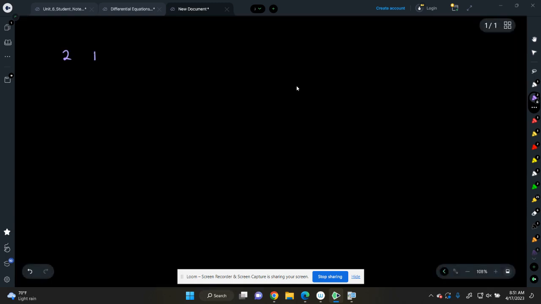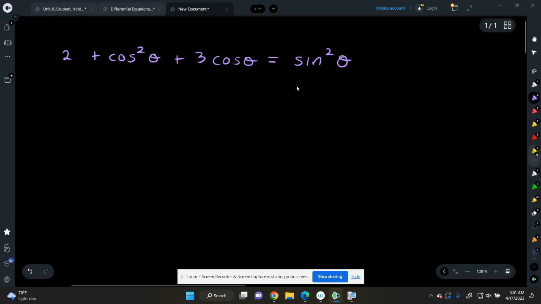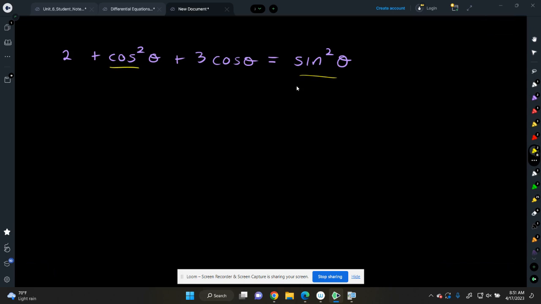We've got 2 plus cosine squared theta plus 3 cosine theta equals sine squared theta. The reason that these are harder is because I've got both cosine and sine in this equation. Sometimes that's not a problem, but in this case it is.